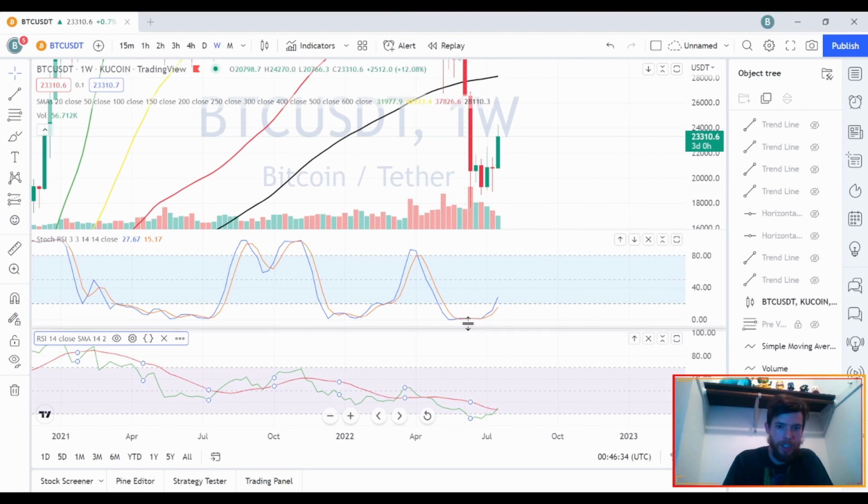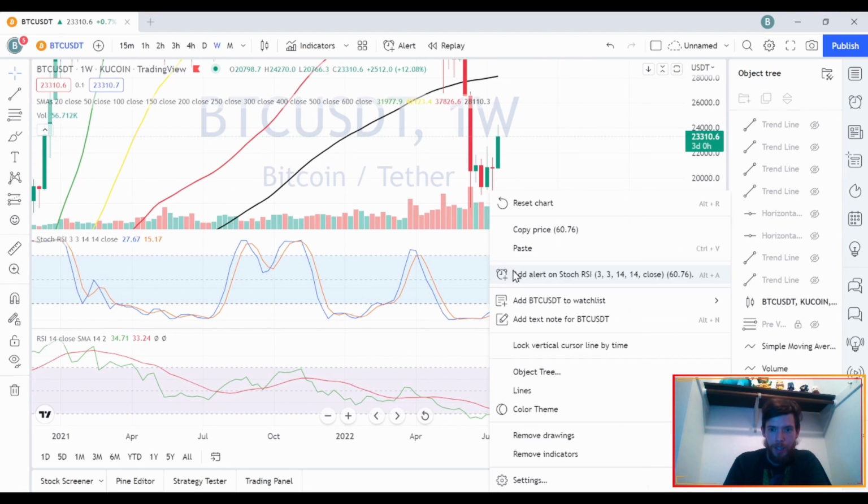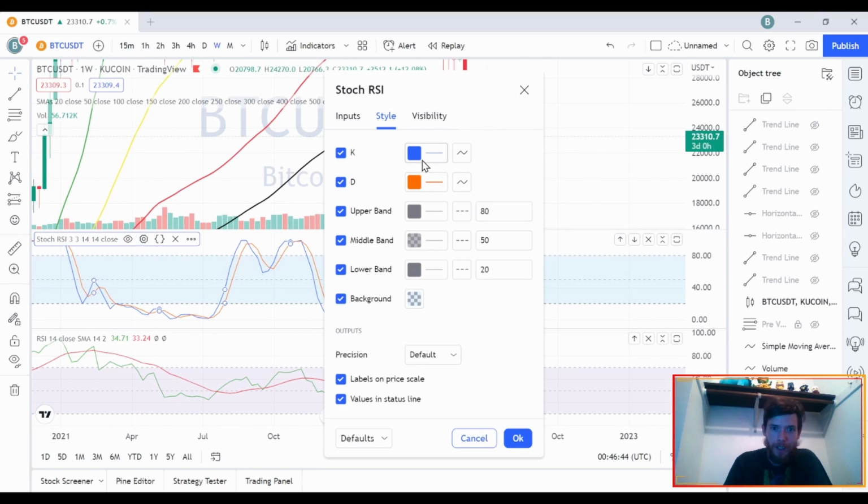If you look, first you might need to edit your Stochastic RSI. I have blue and orange.